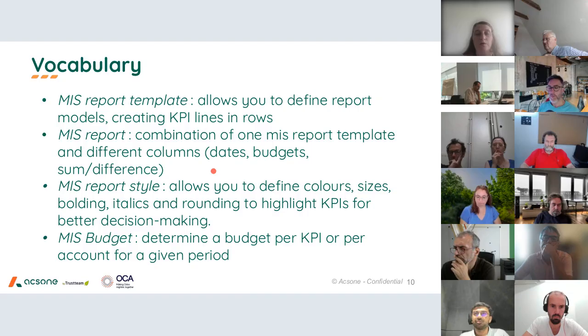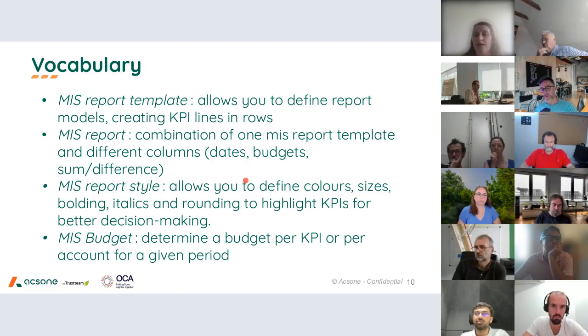After that, you have the MIS Report Style, which allows you to define color, size, bolding, italic, and rounding. It's very useful to highlight the KPIs and also helps people to make better decisions for the reporting. And the last point is the MIS Budget, which determines a budget per KPI or per account for a given period.